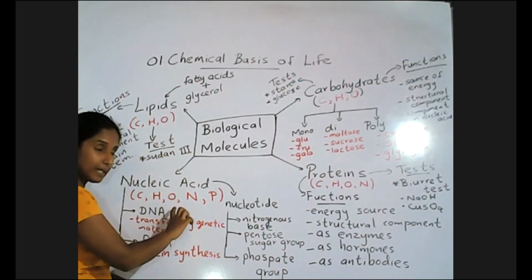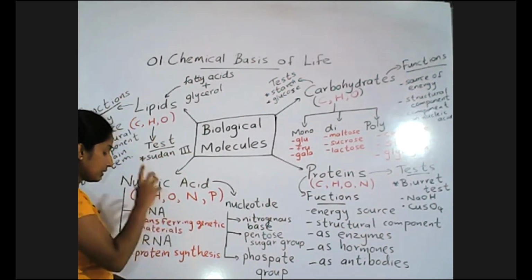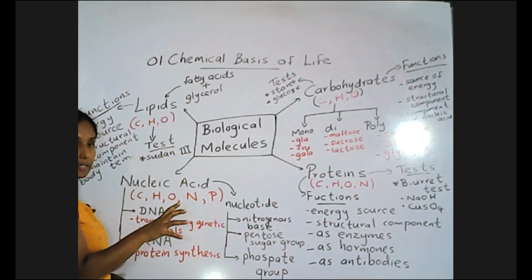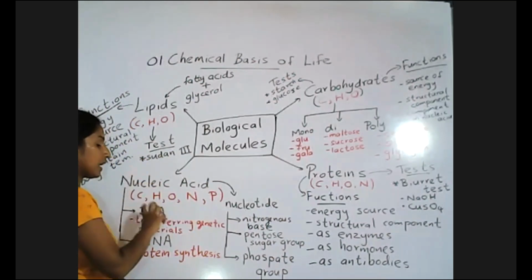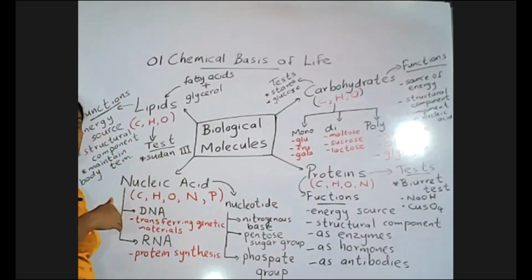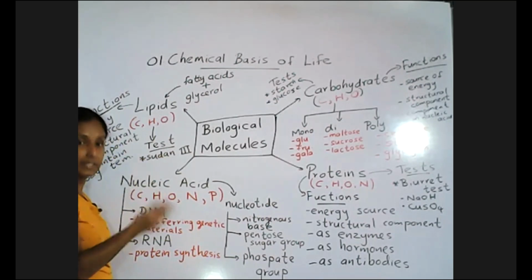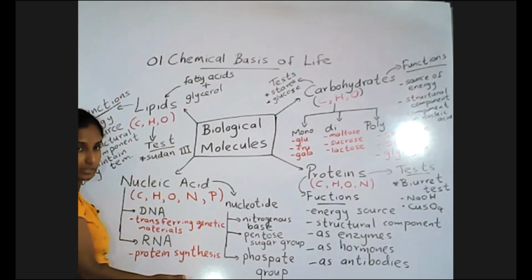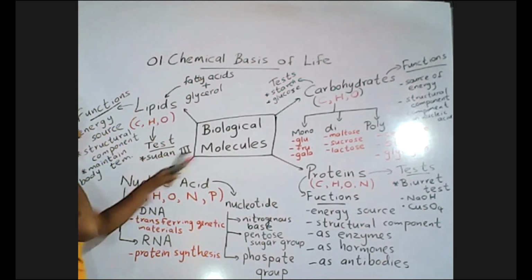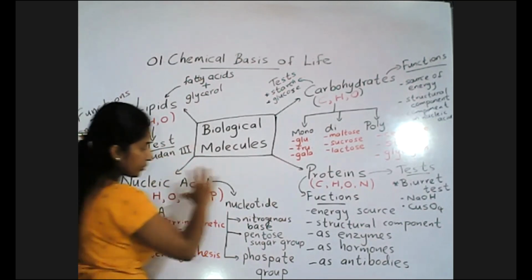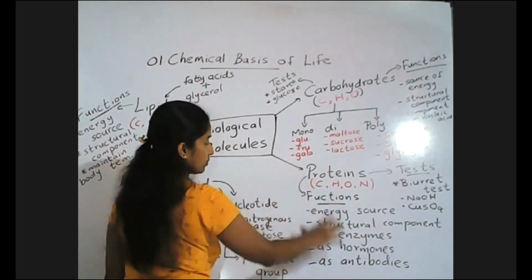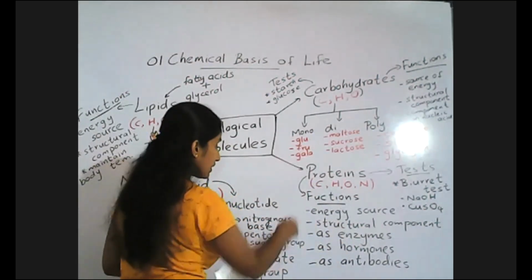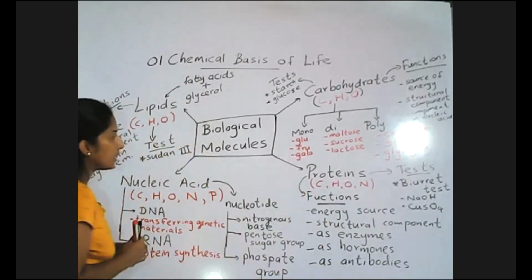For DNA, storing genetic information and transferring genetic materials from one generation to the next. And for RNA, protein synthesis. Those are the things about the biological molecules. When you make the note, you can write it more clearly than this.